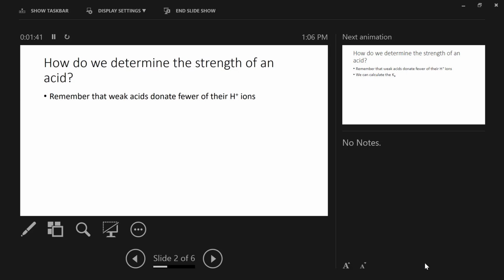If this is an acid, which it is, and if this is a strong acid, which it also is, what we're not saying by it donates all of its hydrogen ions is that it's going to do this. We are not saying this.